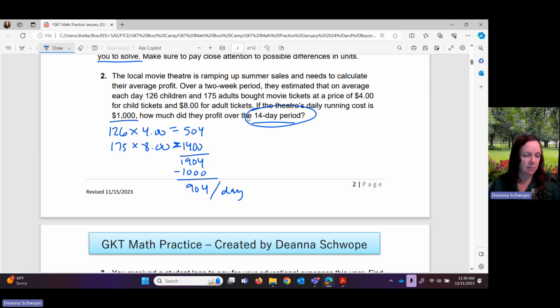They want to know in a 14-day period. So I have to now take 904 and multiply it by 1,400. So I'm going to do that on my calculator. Oh, sorry, 1,400. Someone's like, wait.